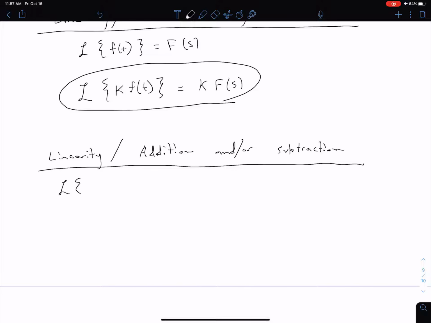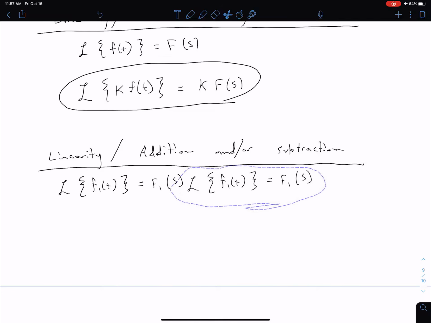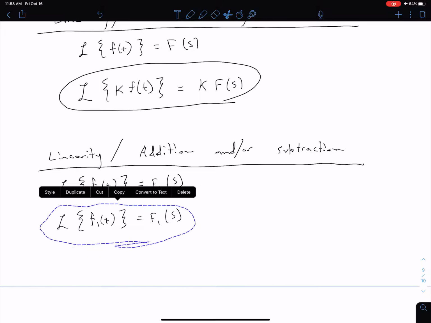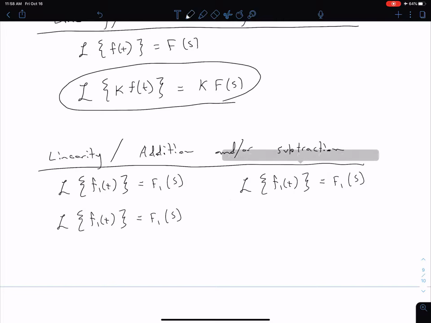Let's say our Laplace transform of some function f1 of t is equal to F1 of s. Let's say we also have the Laplace transform of f2 of t is equal to F2 of s, and the Laplace transform of f3 of t is equal to F3 of s. So this is our starting point.